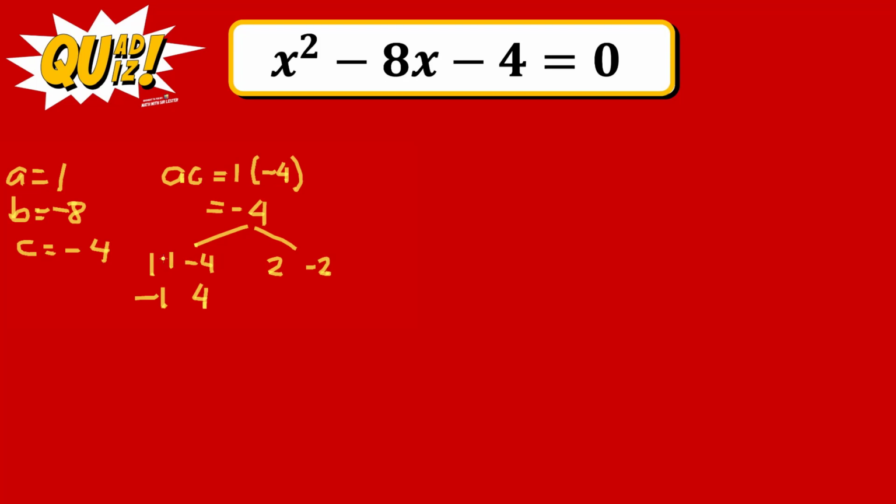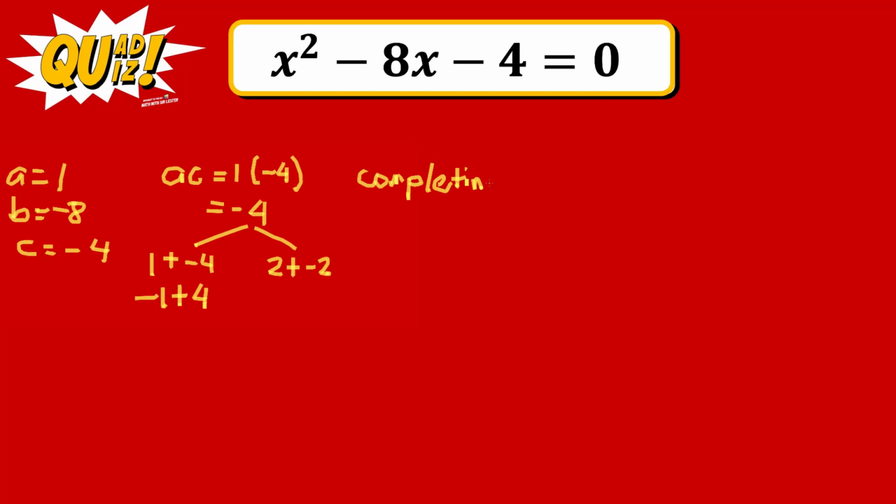Now, if we are going to add any of them, we could see that none of these results will be negative 8. Therefore, there can be no pair that can be used here to tell us that this is factorable. In short, this is non-factorable, and hence we are going to use completing the square method.